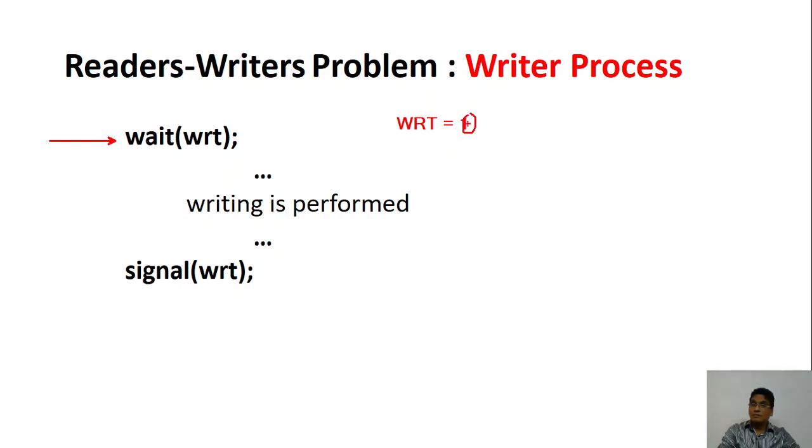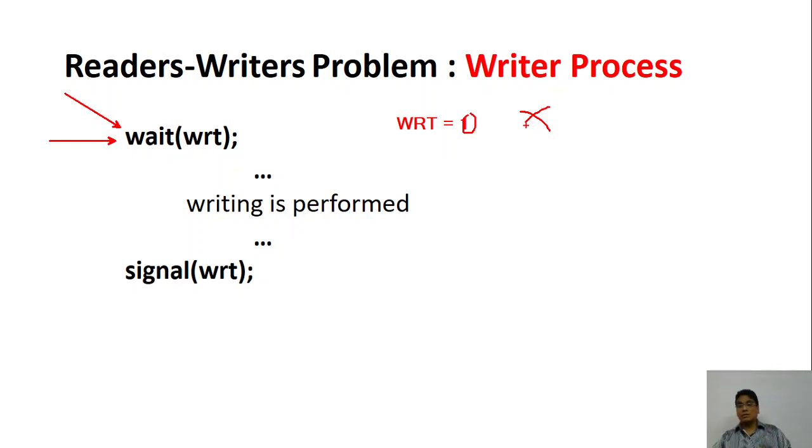So it becomes 0. When the next writer or anybody else comes, they cannot enter because the value is 0. In other words, the first one who goes will lock the entire library. The writer enters, he will lock the entire library. No readers, no writer, nothing.